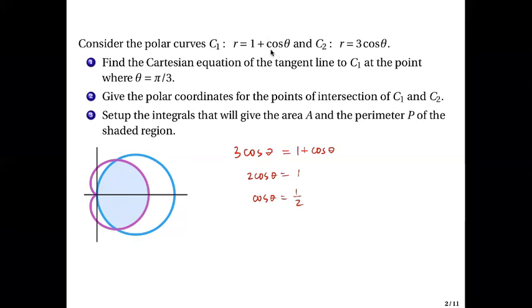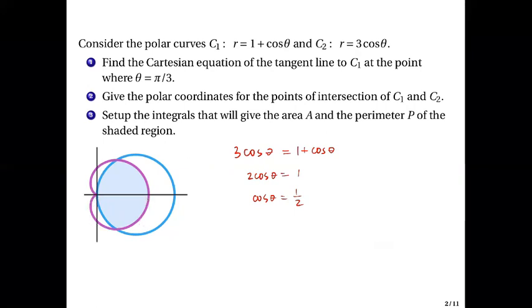And then at theta equals pi over 2, so this angle here, cosine pi over 2 is 0, so r equals 1, so it's this point. At theta equals pi, cosine pi is -1. So r equals 1 minus 1, that's 0. So this is that point. So from this point going to this point, that's from 0 to pi. That's half of your cardioid. And then from pi to 2 pi, that's the second half of your cardioid.